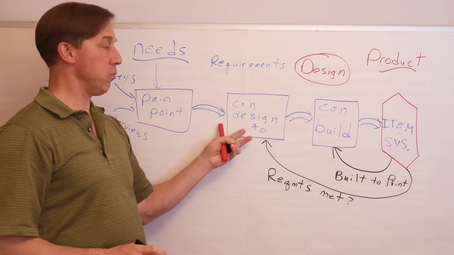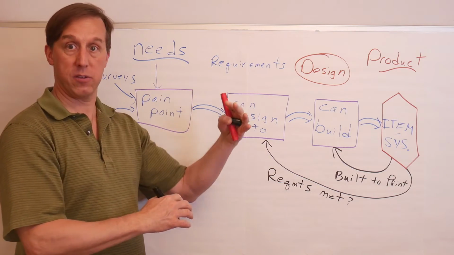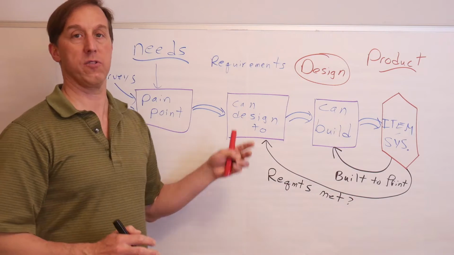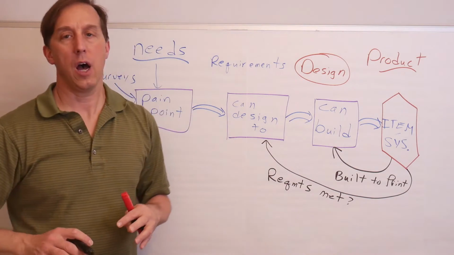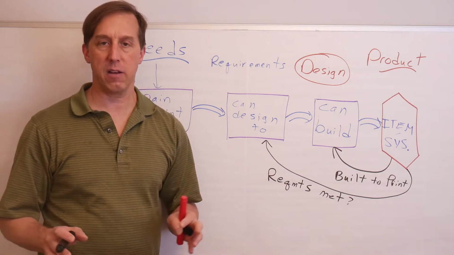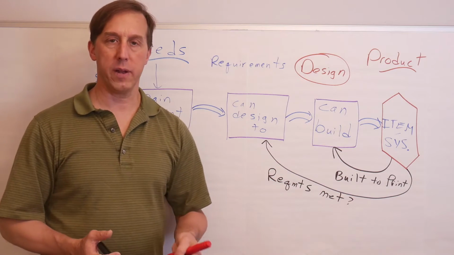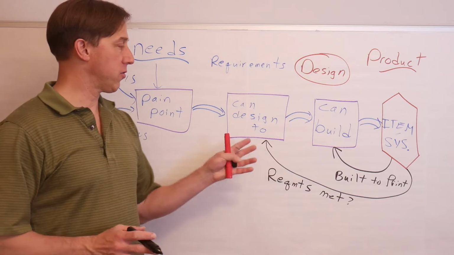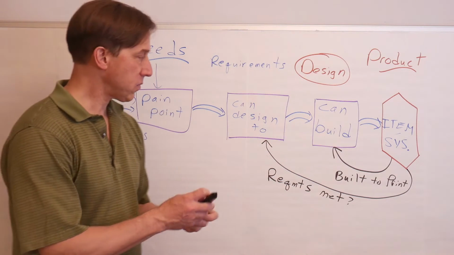So we have something we can design to, a series of statements or a model. Was it implemented to where we meet requirements? And a requirement could be a weight requirement, it has to weigh less than 5 pounds. It could be a performance requirement, 0 to 60 in 4.2 seconds. Those are types of requirements.